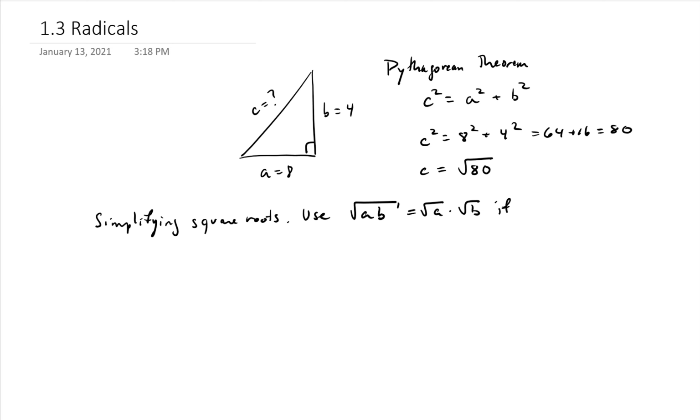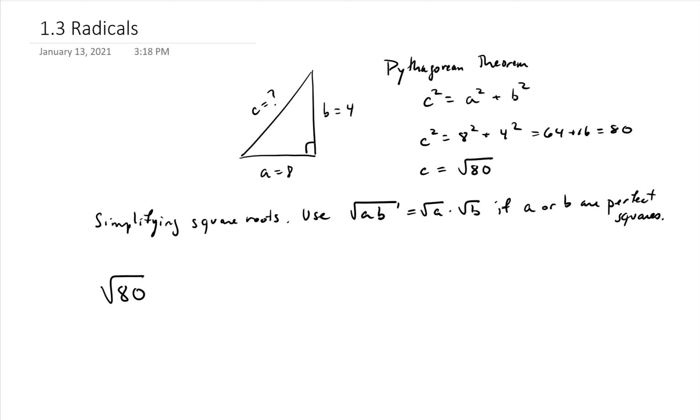What kind of A and B are we going to choose? We're going to use that rule if we can find A or B that are perfect squares. I'll show you what I mean using the square root of 80. If there's a perfect square that divides evenly into 80, I can use the previous trick.